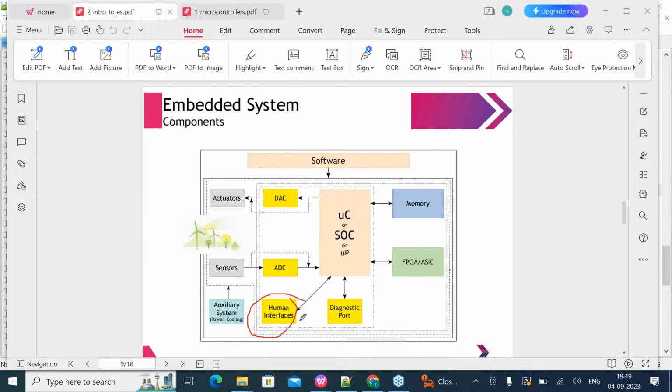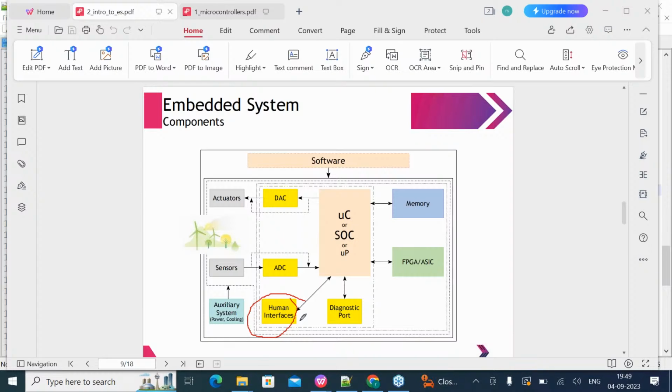When charging is going on, the LED is blinking, or even in a mobile phone also. So what is it? Human interface. You can have a human interface as small as an LED, or as big as an LCD, or SSDs also you can use. I'm just taking an example scenario to explain it.